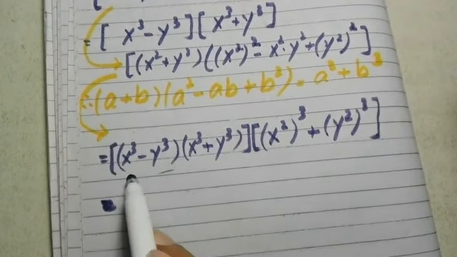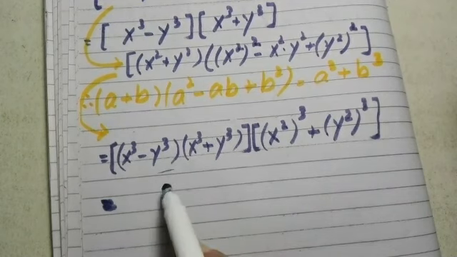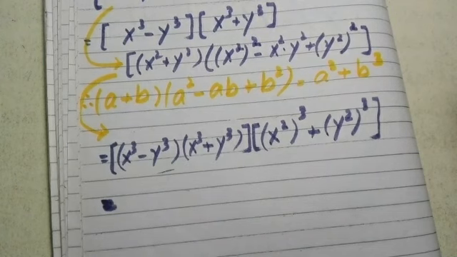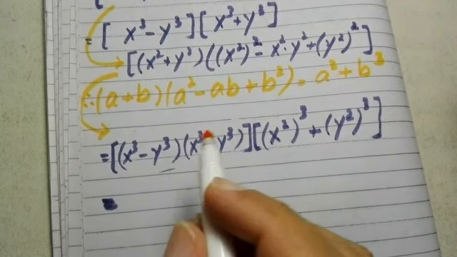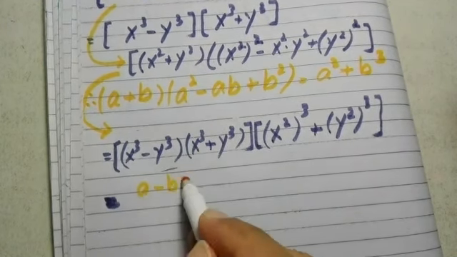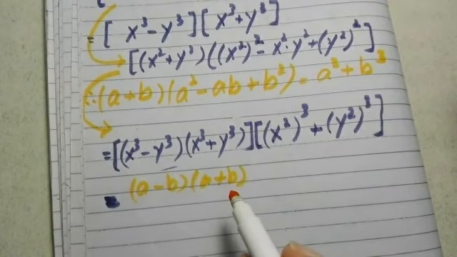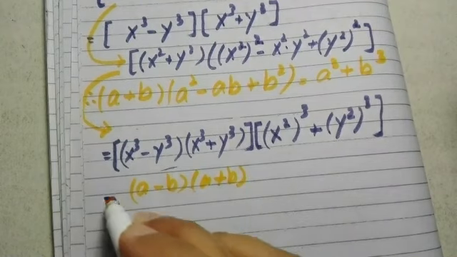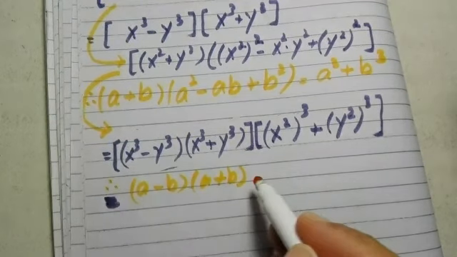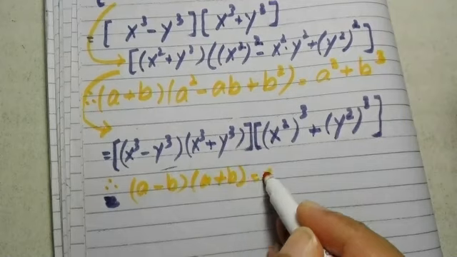In the next step, what will you do? We will use the difference of squares formula right here, a minus b, a plus b, because of the formula. We will write a² − b².